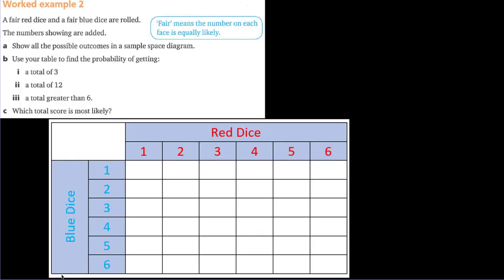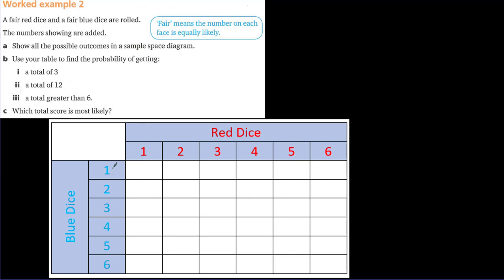Okay, let's continue with a different type of rolling dice experiment. Here, we roll two dice, a red and a blue dice, and we are going to add the numbers showing, the sums. Here it says a fair dice, and there is an explanation: fair means the number on each face is equally likely, which means all the sides are equal in length, like a cube.